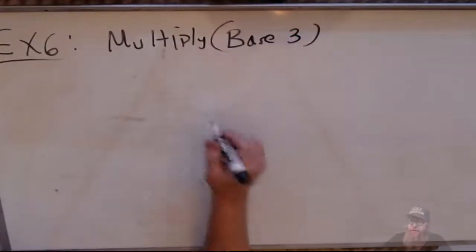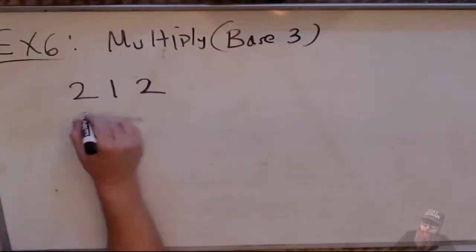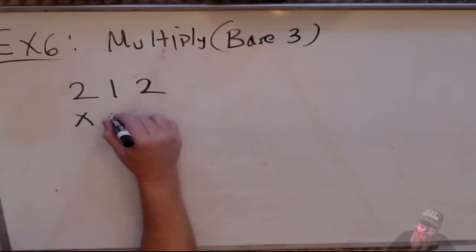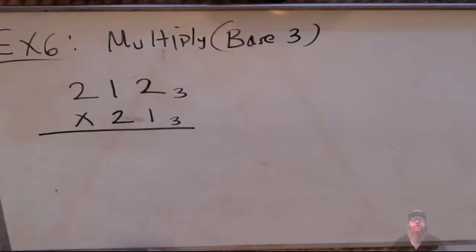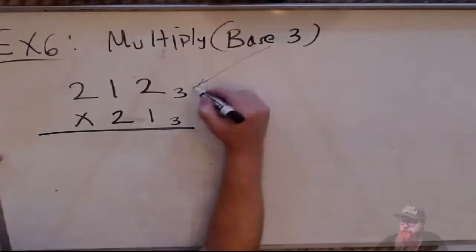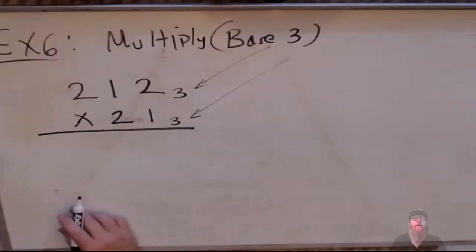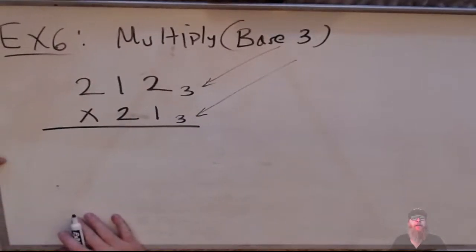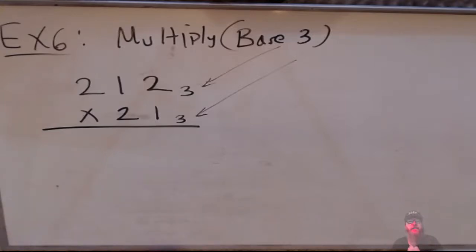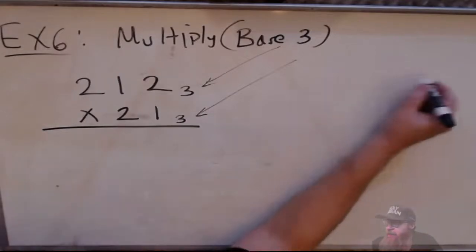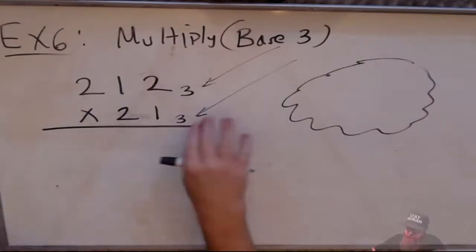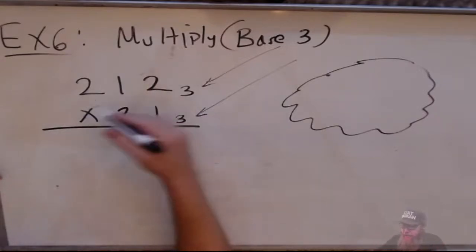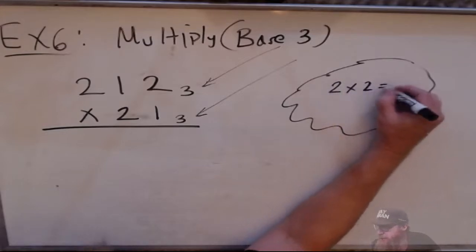Let's multiply base 3. The multiplication rules are relatively simple. The main thing you want to keep in mind, most of the rules are going to be the same. 1 times 2 is 2. 1 times 1 is 1. The main thing you want to keep in mind is 2 times 2 is 4.